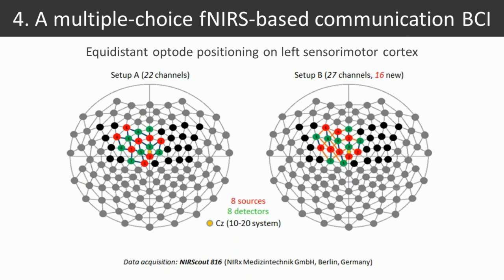We just chose later the setup which worked best, where we could find the best channel. We measured our data with the fNIRS Scout 816 system. Here you see the equidistant optode positioning on left sensory motor cortex, because all subjects were doing right hand motor imagery.